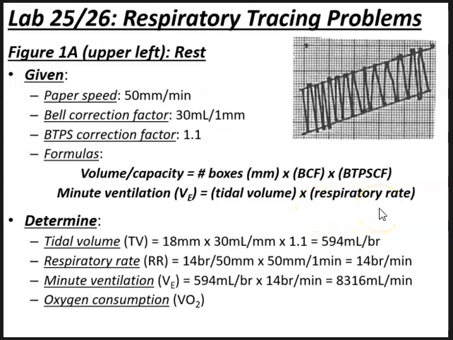We've already obtained these values. We know that tidal volume is 594 milliliters per breath, and then we multiply the respiratory rate, which is 14 breaths per minute, and we get 8,316 milliliters per minute. Okay, so that is how much air a person is moving in and out of their lungs per minute, or ventilating per minute.